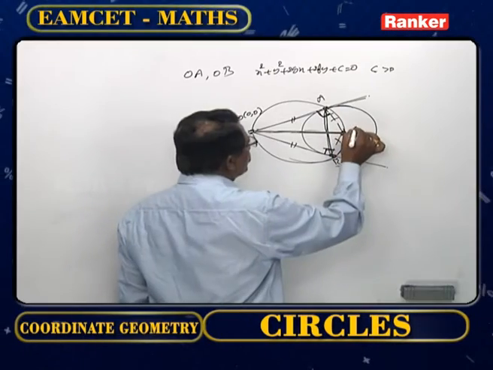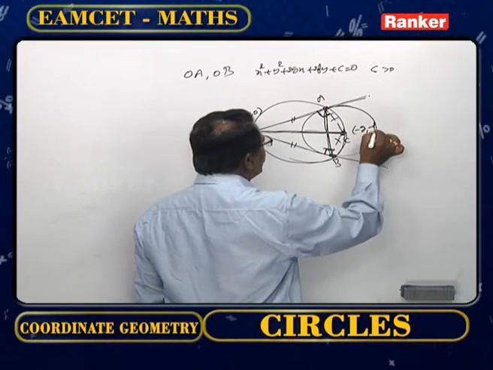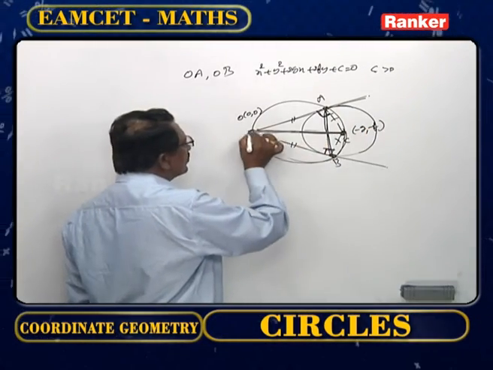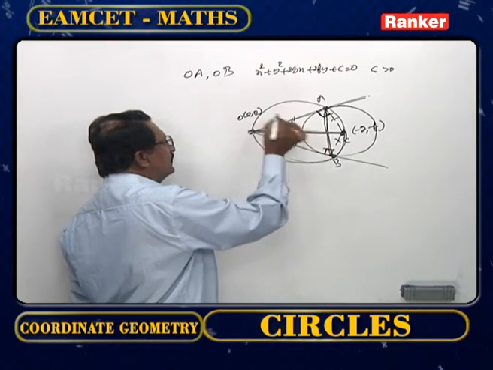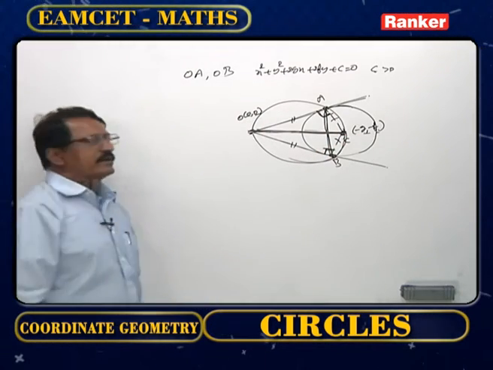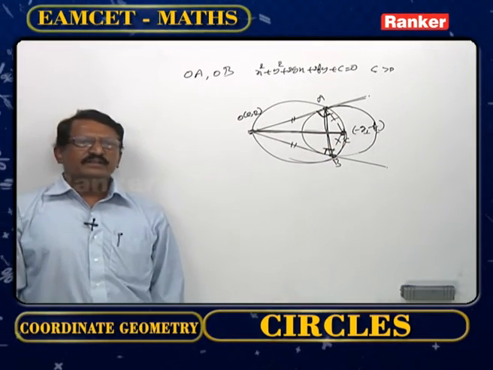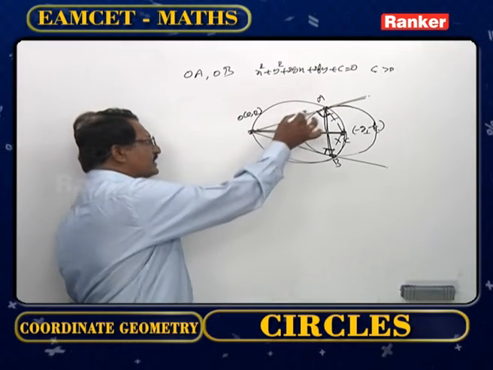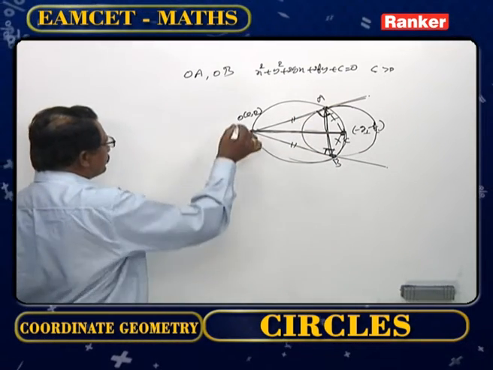Now, the center of the given circle is minus g comma minus f. To write the equation of the circle, given the extremities of the diameter, we get the equation of the circumcircle of the triangle OAB.